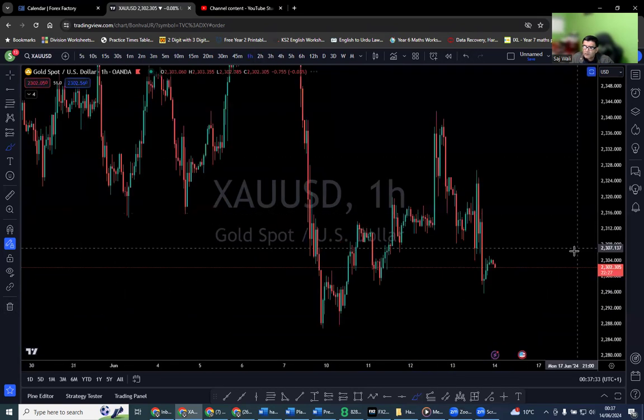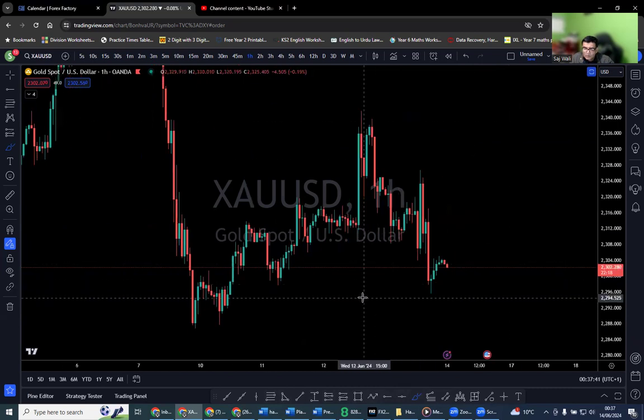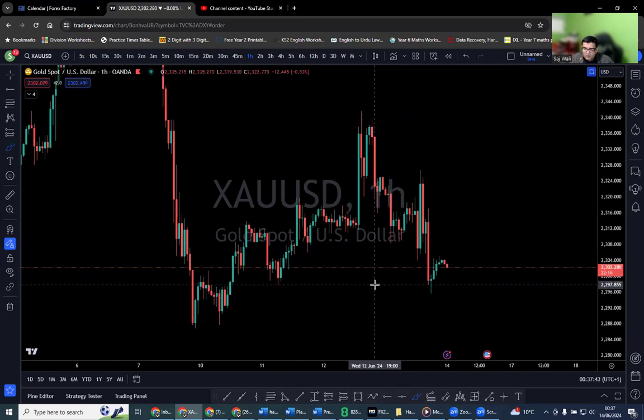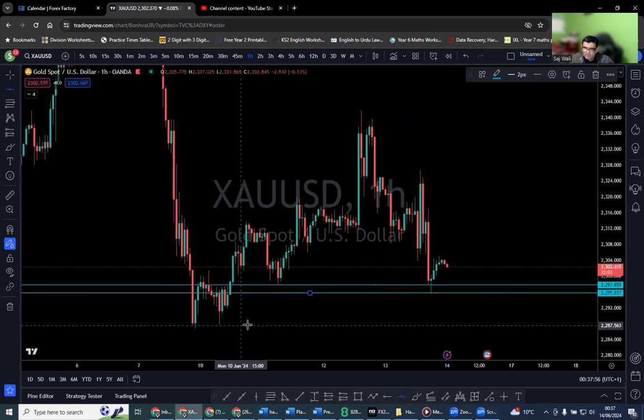So for trading purposes for today, this was a level, and the market rejected from here.